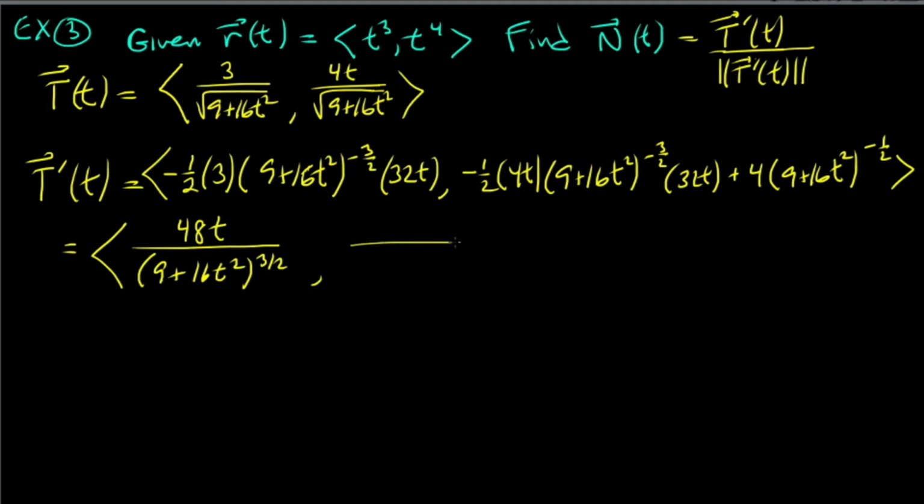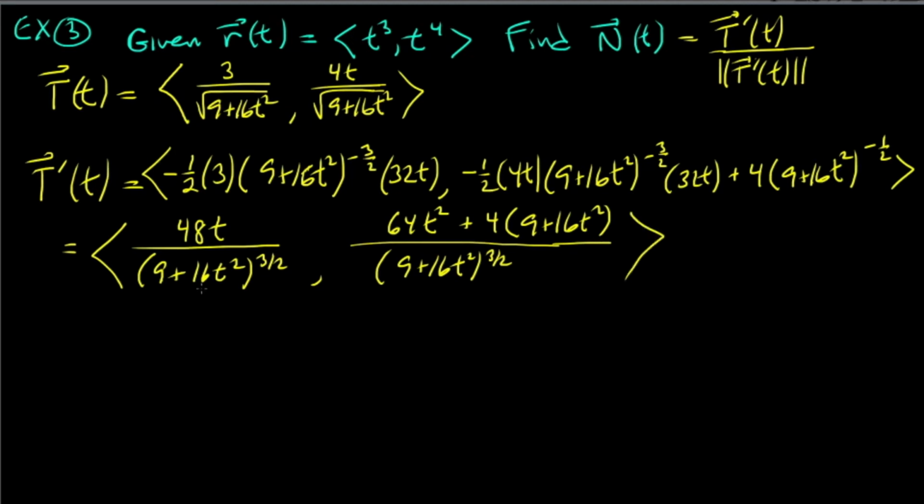And then for the second component, we're going to get 16 times 4, so 64t squared, and then plus 4, all over 9 plus 16t squared to the 3/2. But no, I'm missing something here. This is going to be to the 3/2 times itself, so times 9 plus 16t squared. So that divided by 9 plus 16t squared to the 3/2 will be to the negative 1/2.